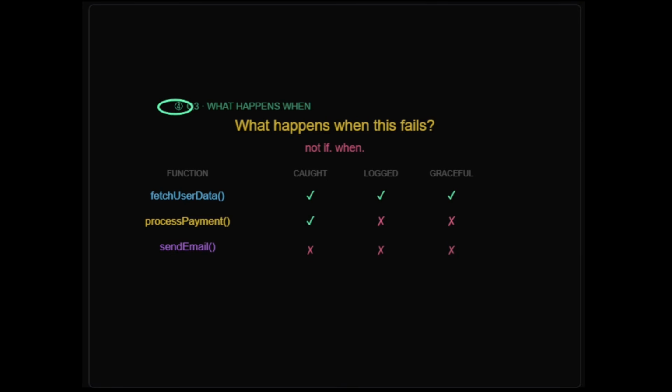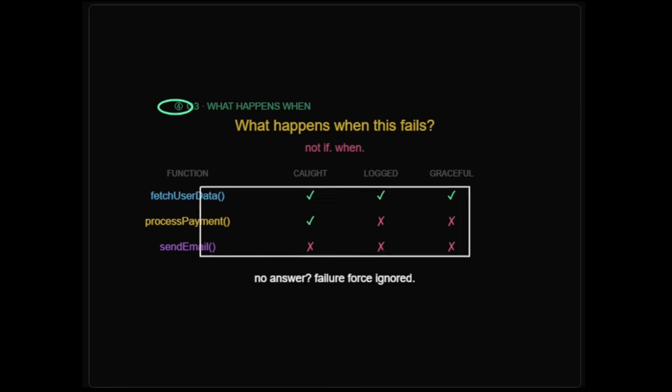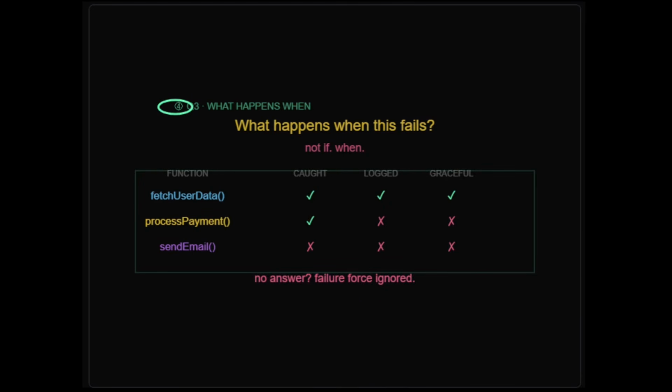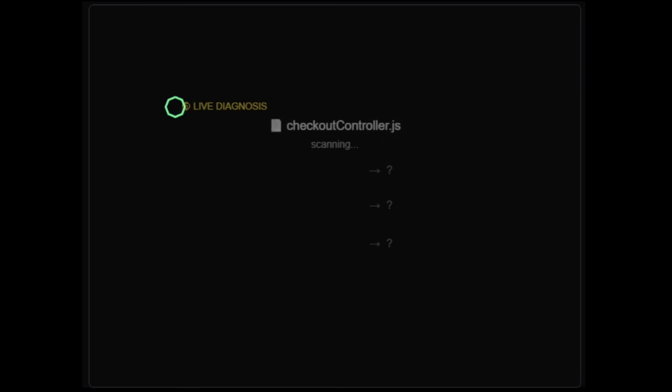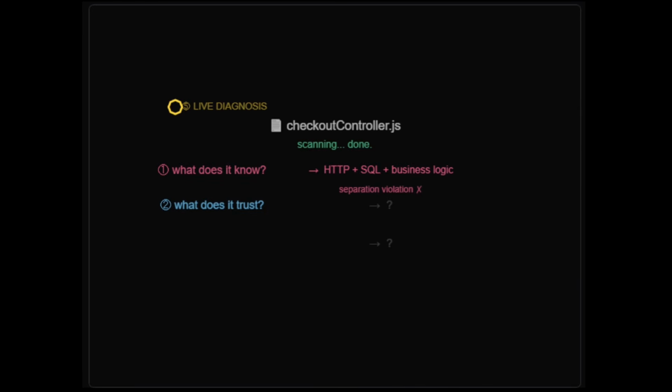Third, what happens when this fails? Not if, when. Is the failure caught? Is it logged? Is it graceful? Or does it propagate silently, compounding into something much harder to diagnose? If you don't have an answer, the failure force is being ignored.